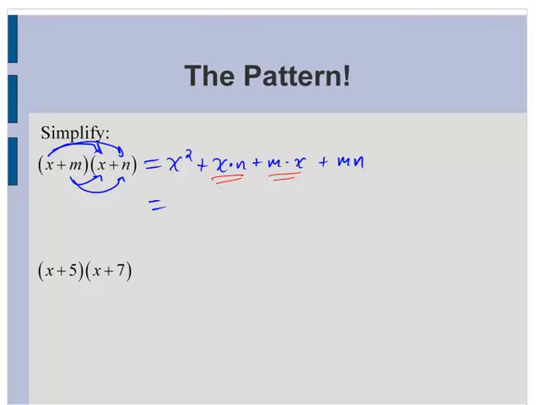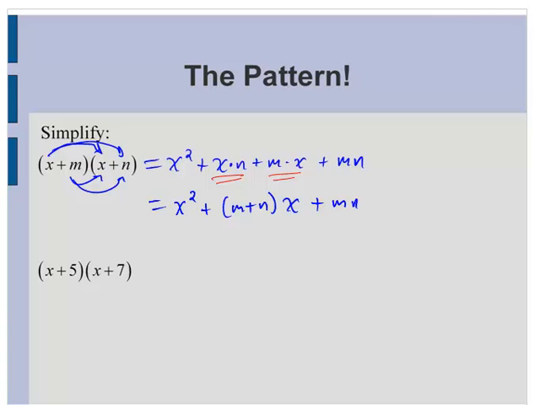And so if I really wanted to, I could rewrite this as x squared plus m plus n times x plus m times n. I'm sorry, that should have been m plus n times x. So notice that since these were like terms, there's nx and mx, by rearranging and factoring out that x from both of them, I could write that as x squared plus m plus n times x.